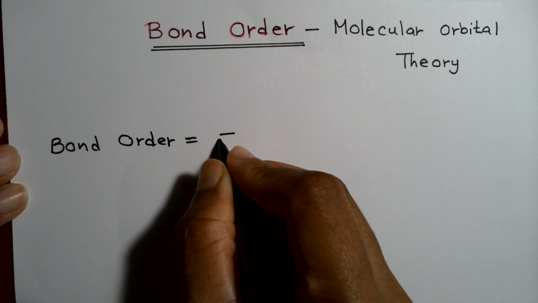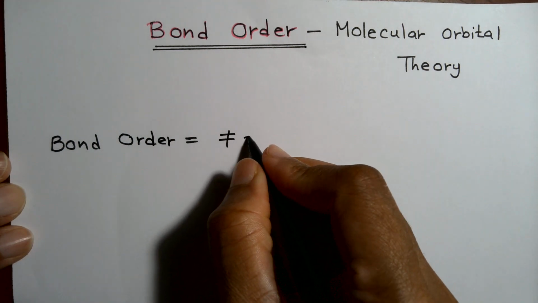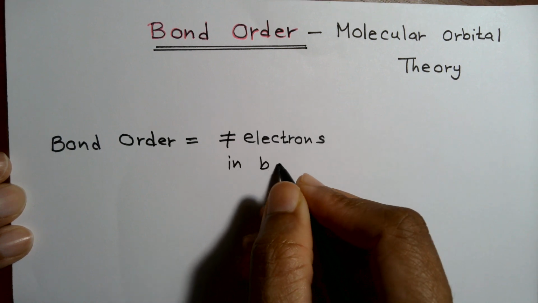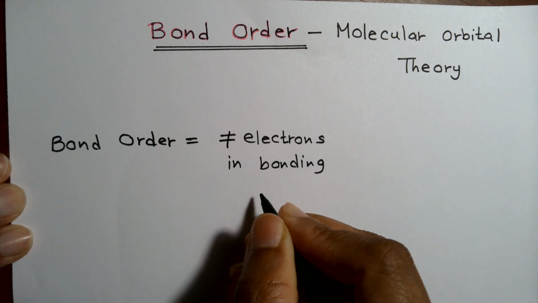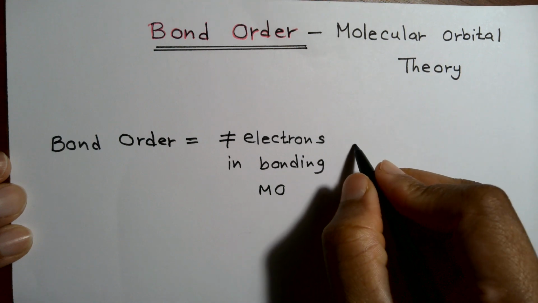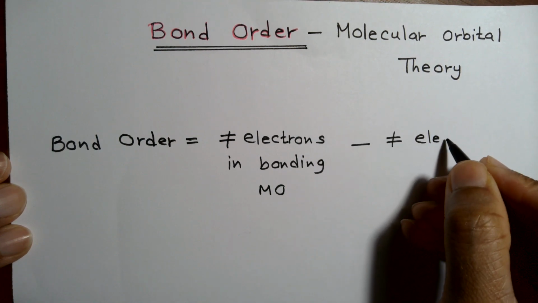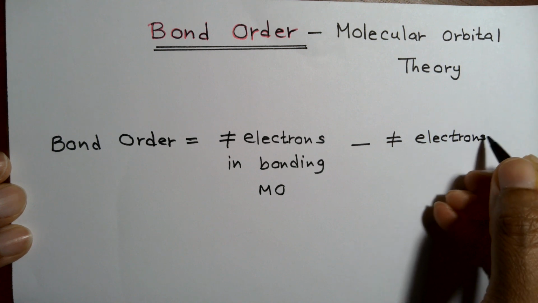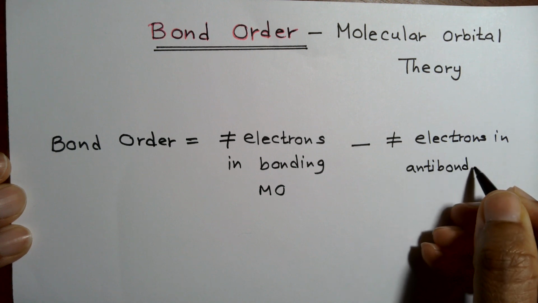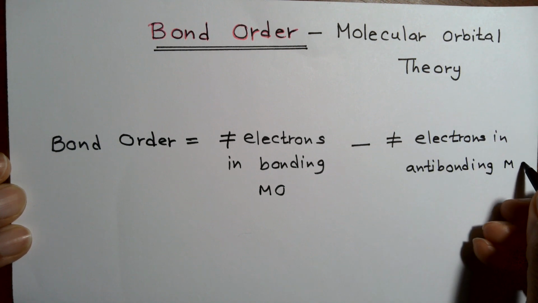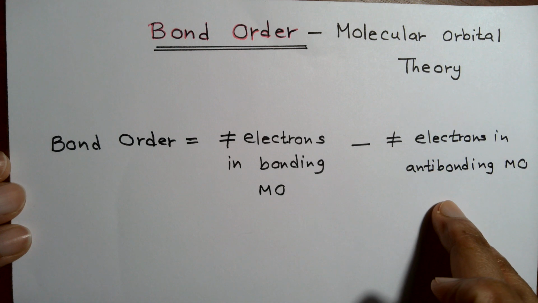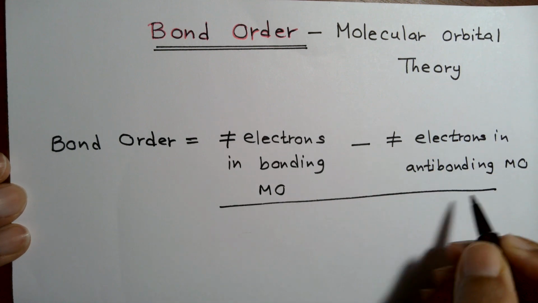Bond order is equal to the number of electrons in bonding molecular orbitals (I will write MO to indicate molecular orbitals) minus the number of electrons in anti-bonding molecular orbitals, divided by 2.